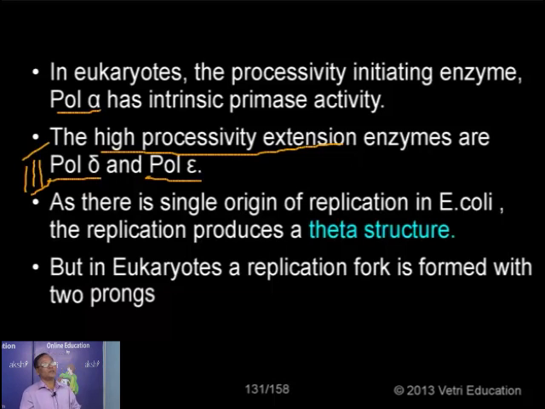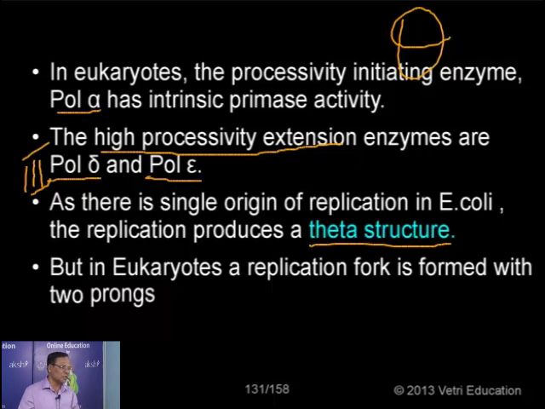As I mentioned earlier, in E. coli there is only one origin of replication. That is why the replication process produces a theta structure. But in the case of eukaryotes, we have the formation of many replication forks.